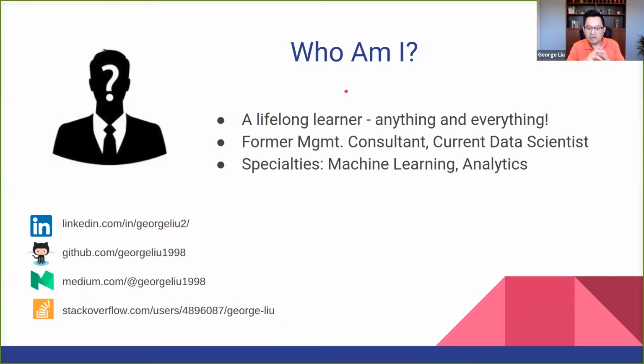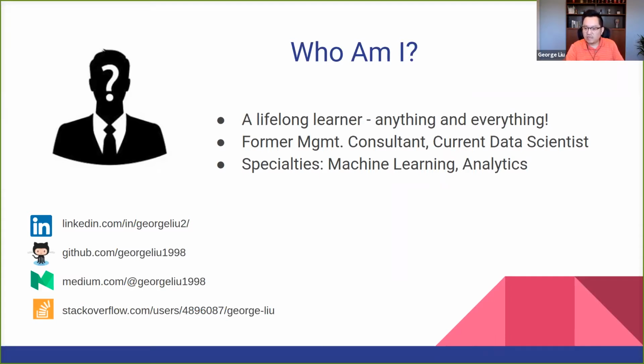So I used to work as a management consultant, and right now I'm working as a data scientist with Chatter Research, a market research startup here in Toronto, Canada. By the way, Toronto is one of the major technology hubs in North America. Lastly, in terms of my specialties, I specialize in machine learning, specifically deep learning and NLP.